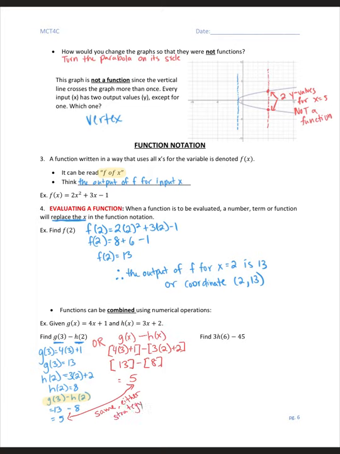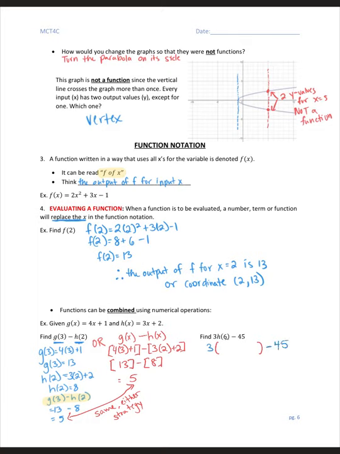Okay, so let's set up the next one and then pause it, and you guys can finish that as well. So we're going to set up this next one as the entire expression that we have here. So we have 3 times something in here, minus 45.